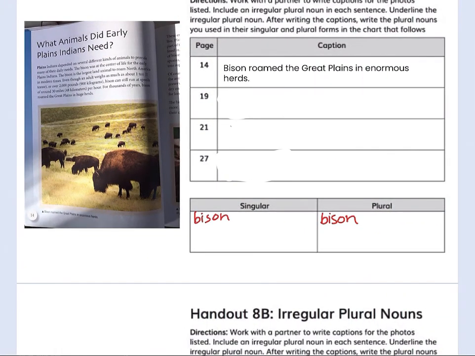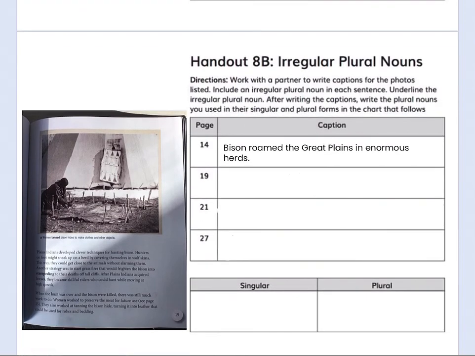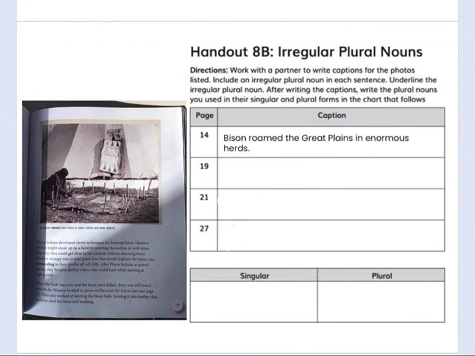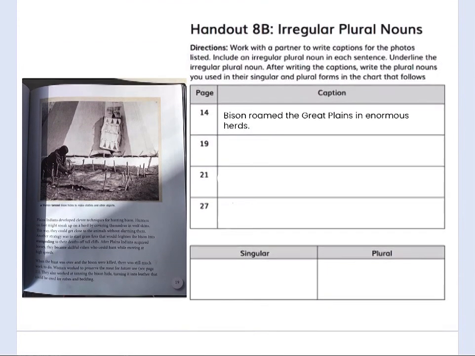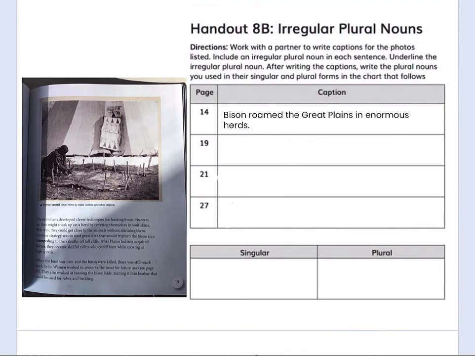And then we are going to move on to the next one, page 19. So take a look at page 19 and look at the picture on that page. Think about what that picture is showing and what the caption might say. Let's take a look at what the caption is. The caption is, women tanned bison hides to make clothes and other objects.